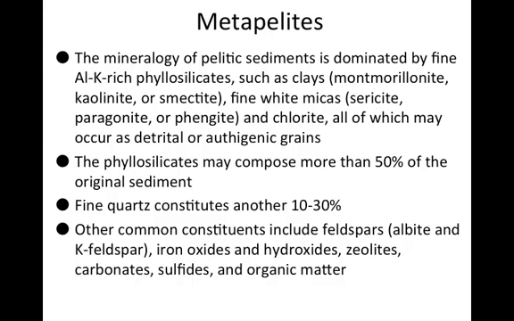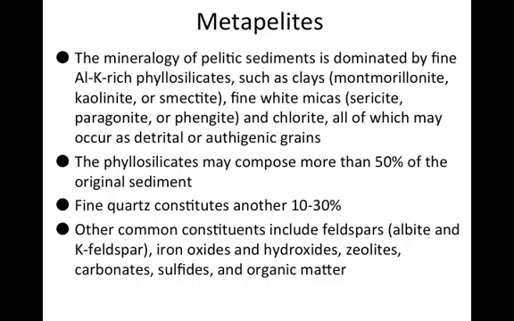Okay, metapelites are dominated by aluminum and potassium-rich phyllosilicates like clays, white micas, and chlorite. And those are all potentially the original detrital grains, so from the original sedimentary rock.